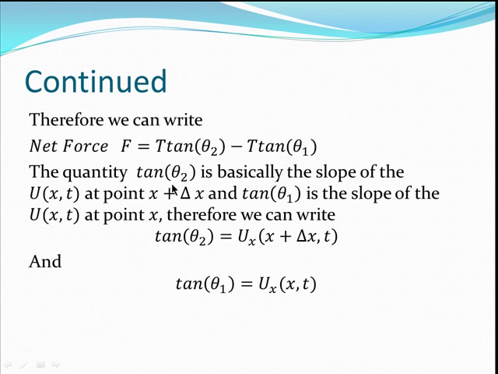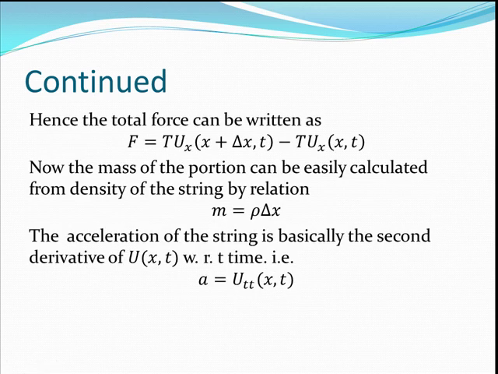The quantity tangent theta 2 is the slope of the curve u at point x plus delta x, and tangent theta 1 is the slope of the curve at point x. Therefore, tangent theta 2 is the derivative of u with respect to x at this point, and tangent theta 1 is the derivative of u with respect to x at this point. Hence, the total force will be F equals T times u_x at (x plus delta x, t) minus T times u_x at (x, t). Here u_x means the derivative of u with respect to x.